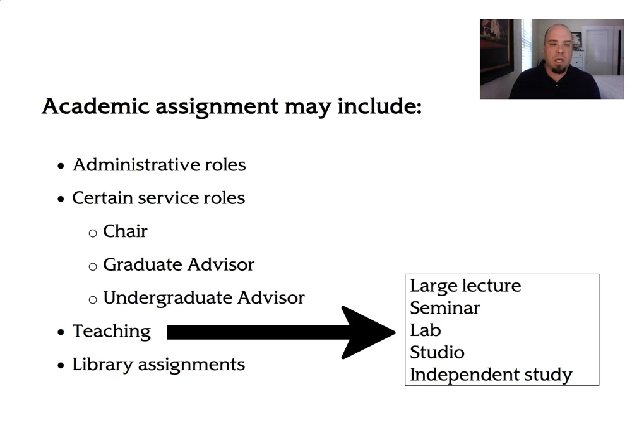Academic assignment may include administrative roles. So it does in my case, as I said, part of my responsibility is administrative. And what that entails in my case is I run faculty seminars, I train our teaching associates, I'm responsible for assessment. All of that is in my hiring paperwork.